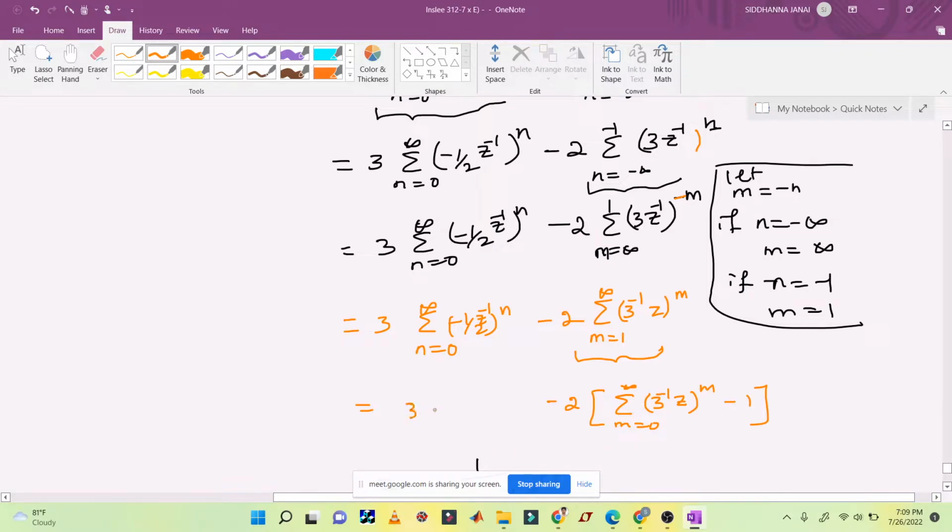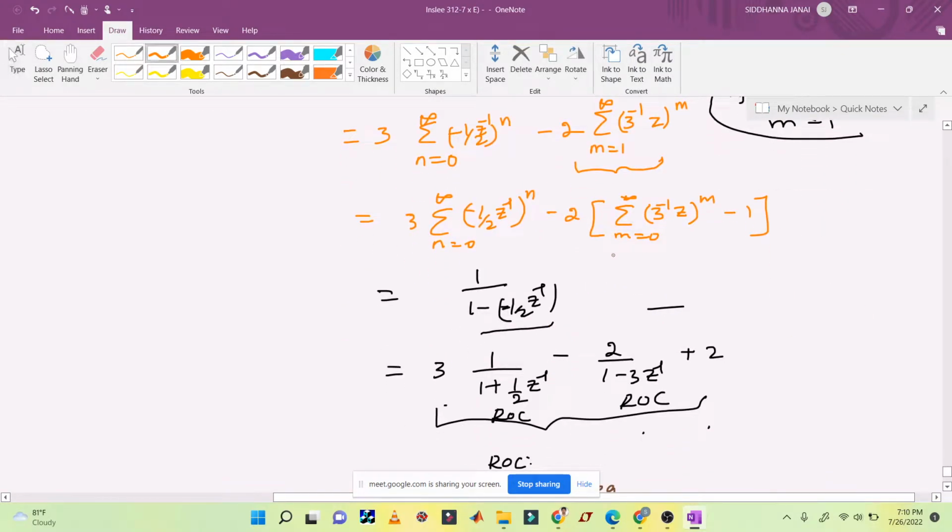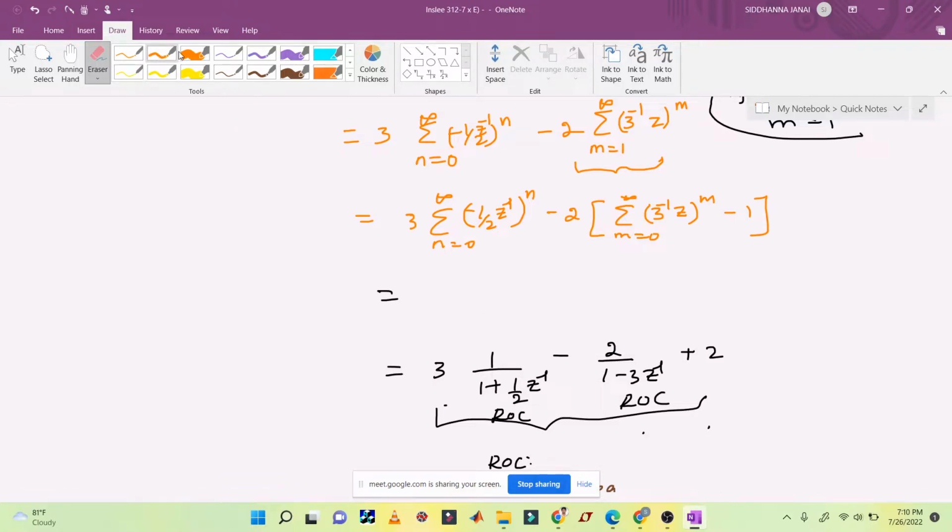And this is the same, summation n equal to 0 to infinity of minus 1 by 2 z inverse to the power n. In the next step, we can write this as 3 divided by 1 minus of 1 by 2 z inverse.